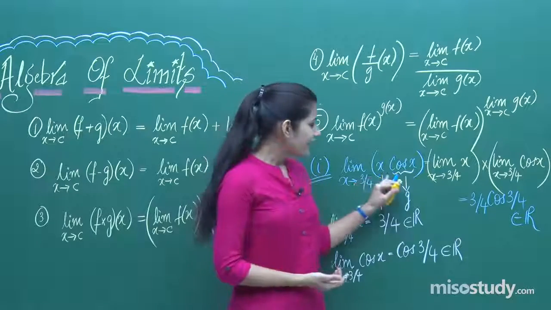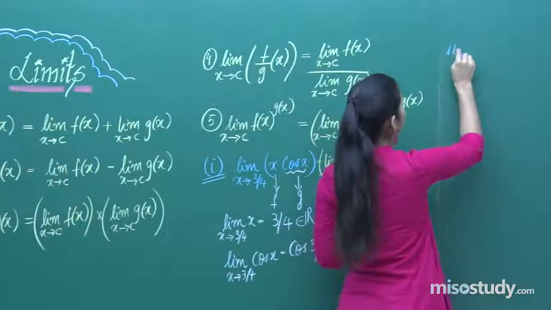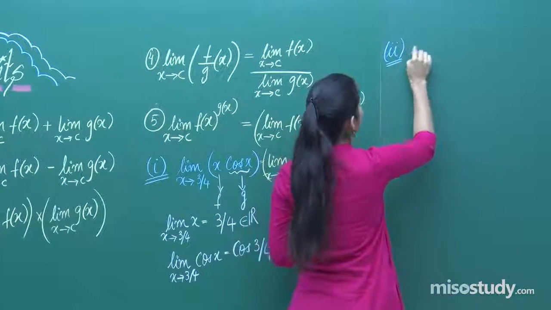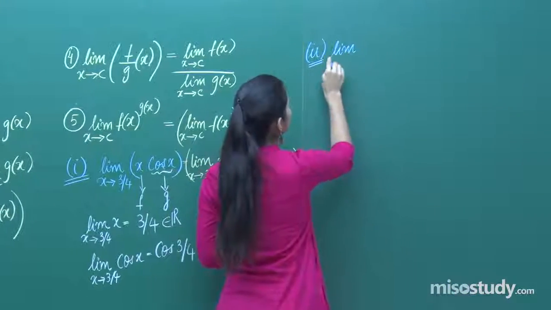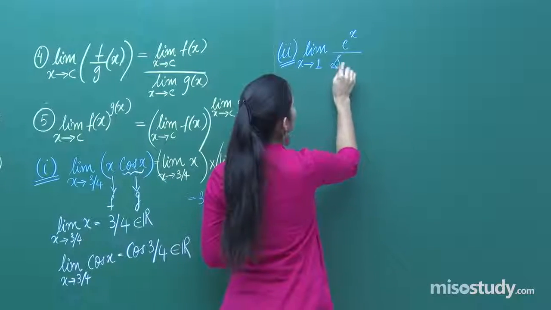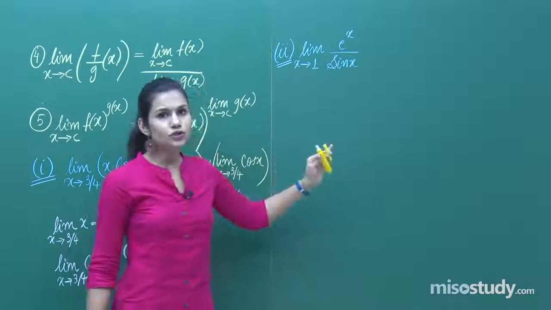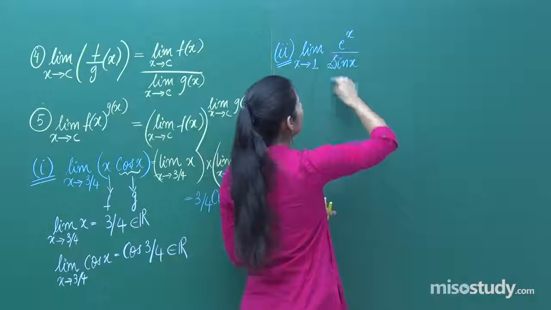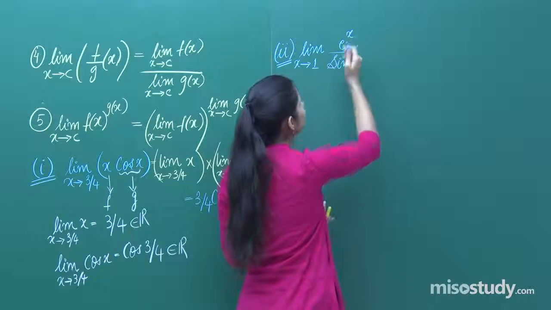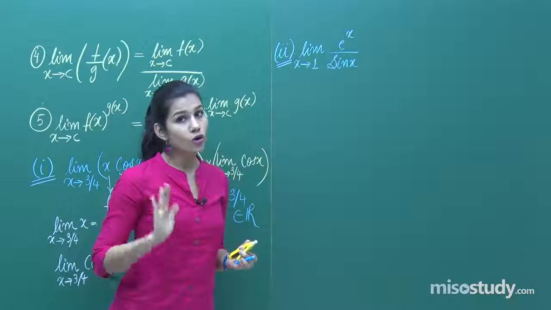If I had something like the quotient, what would I have done? Suppose I ask you to evaluate the limit as x goes to 1 of e to the power x upon sin x. It's evident to you that this is the algebraic combination of two functions, e to the power x and sin x, where the algebraic operation involved is division or quotient.